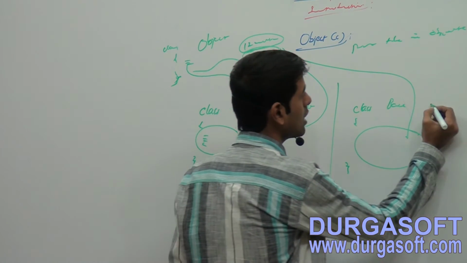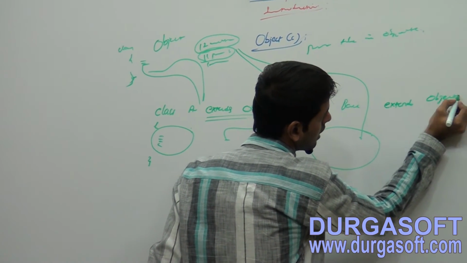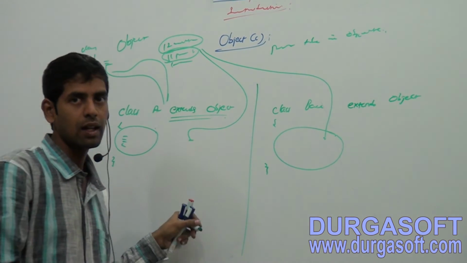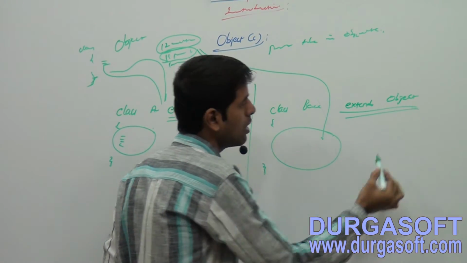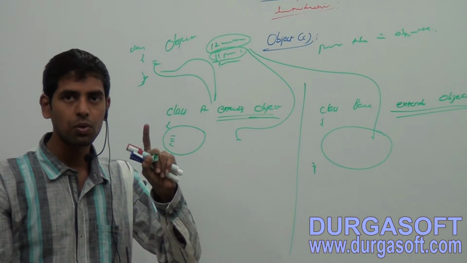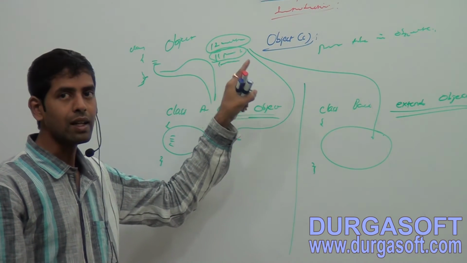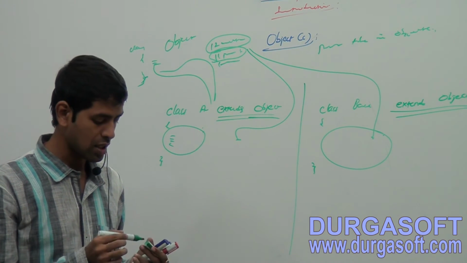Now even this class wants to do extends Object, and this one too. So this extends Object must be there for each and every class to access these method implementations.